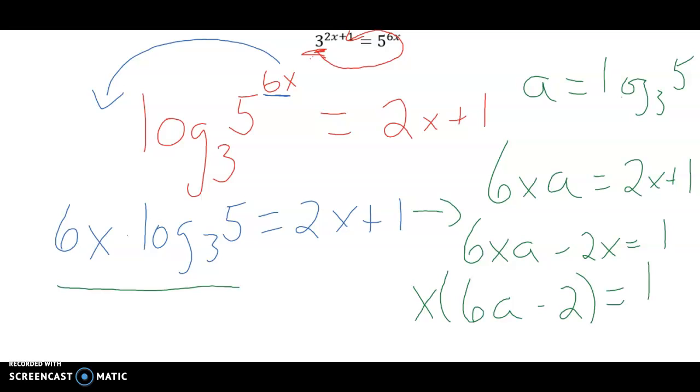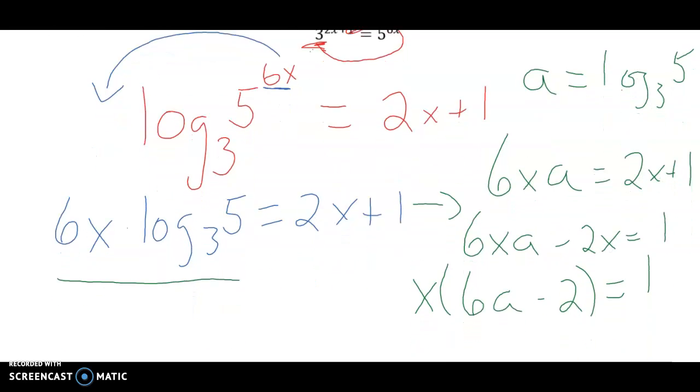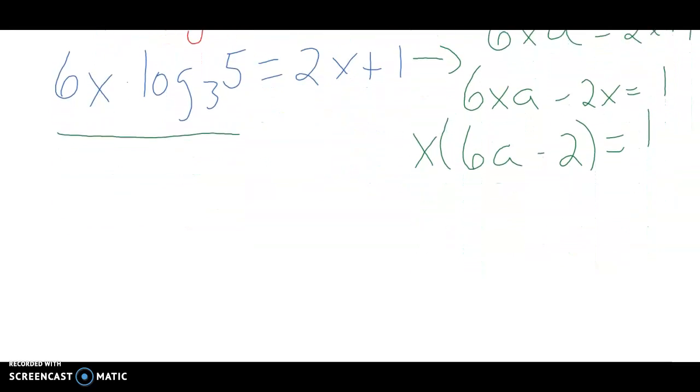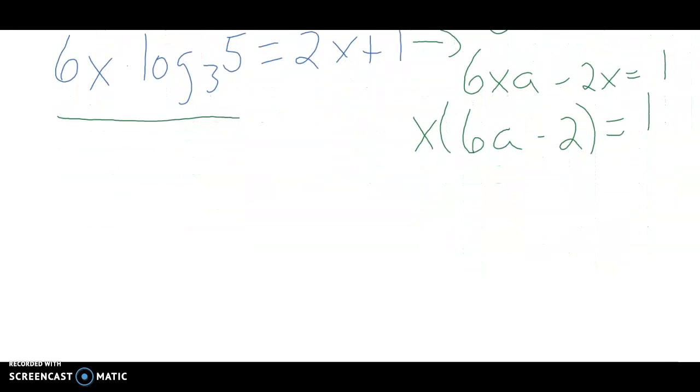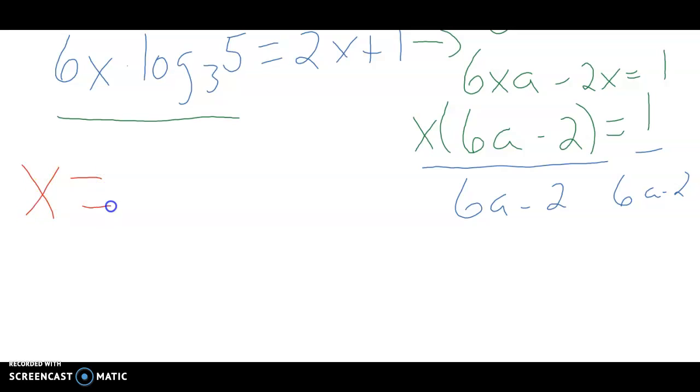Now all I have to do is get x by itself. So I'm going to divide each side by 6a minus 2. So x equals 1 divided by 6a minus 2.